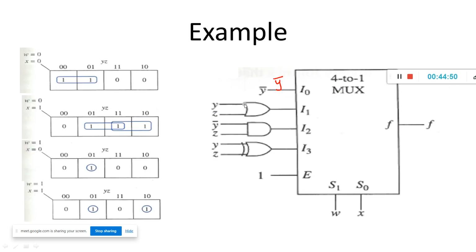So here Y bar, Y plus Z, Y bar Z, Y XOR Z. This is how we implement a 4 variable function using a 4:1 mux. E should be 1. W and X are placed on S1 S0. Okay, F is the output line.